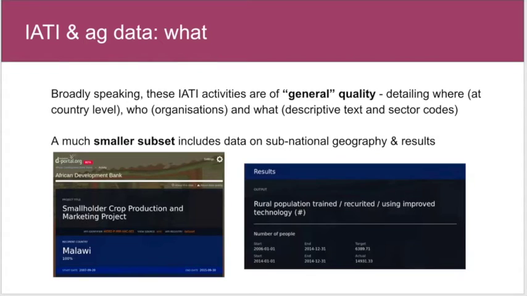A much smaller subset of those activities that we looked at detail things such as subnational geography and results data, and I think that's probably reflective of the wider pattern amongst the whole of the IATI publishers themselves. So just to highlight really that the activities we found could begin to take us on this journey of who's working with whom, where, and on what.